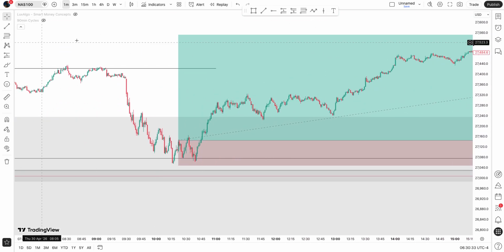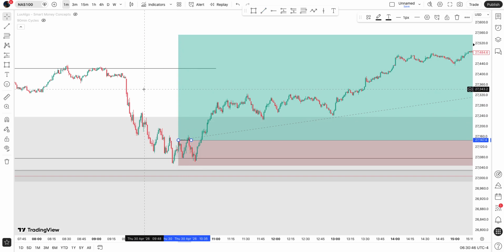It was here. You can see the fair value gap got disrespected here. Here, and we started breaking highs here, while the market structure shifts here, then price came back for this low, took it, and started going back up.